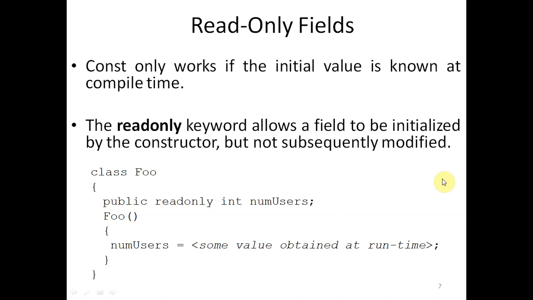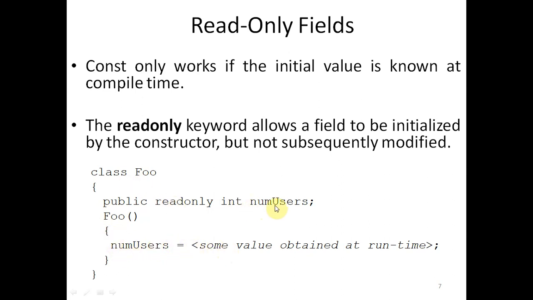So you can see here, the read-only keyword allows a field to be initialized by the constructor but not subsequently modified. So this variable cannot be modified again and again, and it is defined inside the constructor. You can see here class FOO, and inside this class we have the FOO constructor, and in the FOO constructor we have initialized the variable.